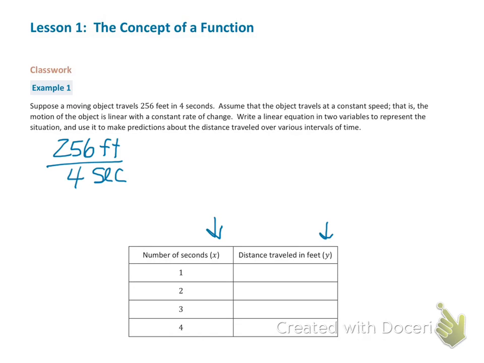And remember, we've said we always have the horizontal axis be time if time is one of the variables. And in this case, it is. So we can go 256 feet in 4 seconds. And in general, we will go y feet in x seconds.